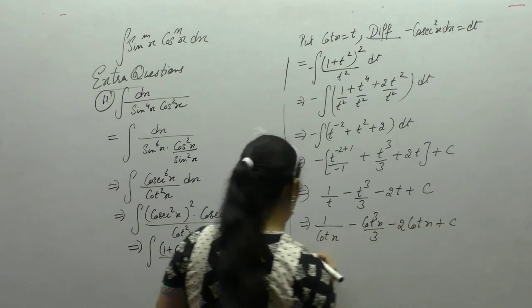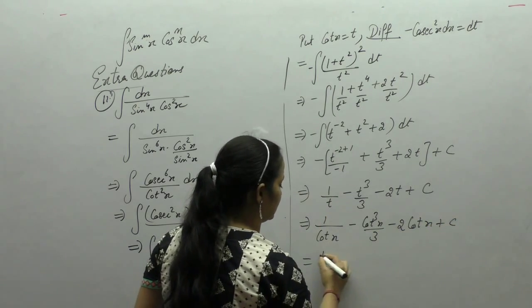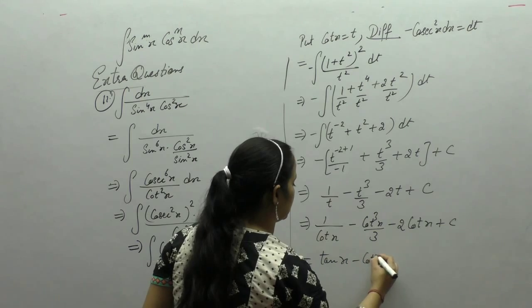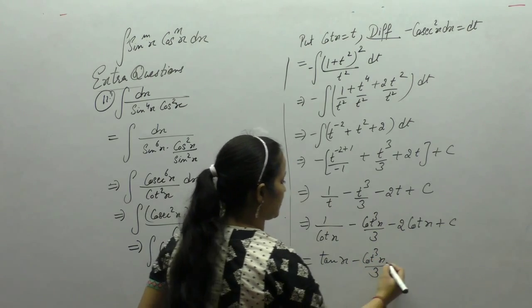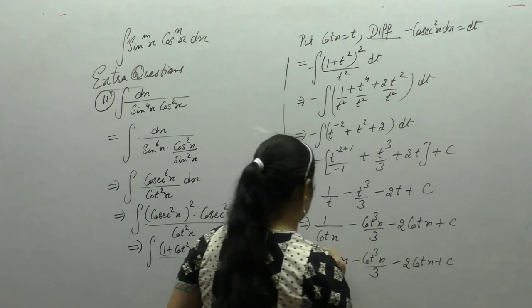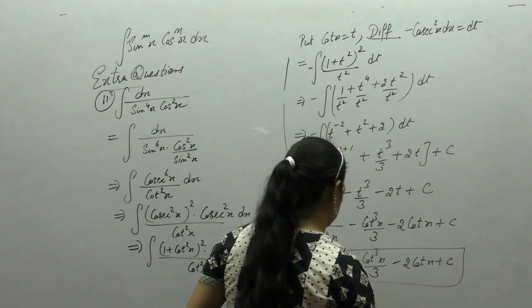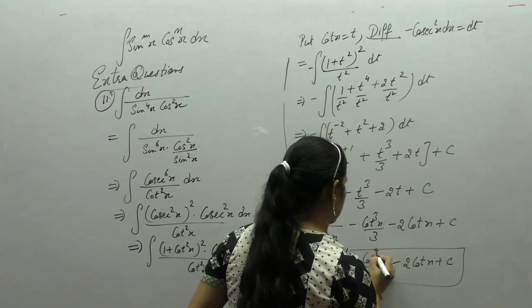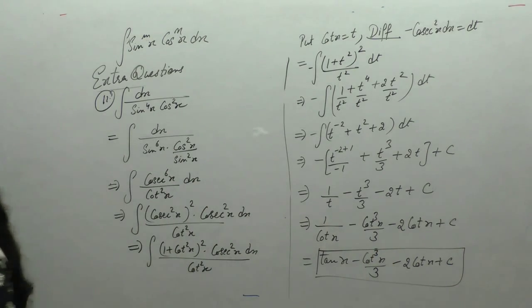And we can write 1 upon cot as tan. Tan of x minus cot cube x upon 3 minus 2 cot of x plus c. Tan x minus cot cube x upon 3 minus 2 cot x plus c.